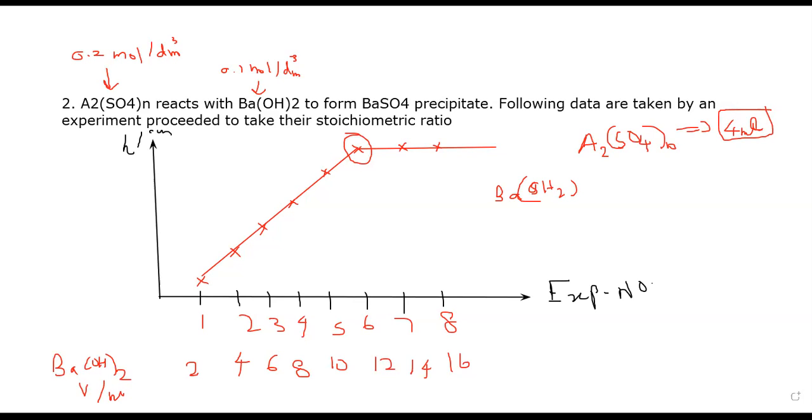You can take all this down. What are the values on the bottom? 2, 4, 6, 8, 10. They are volumes of barium hydroxide added at that point, on that experiment number.